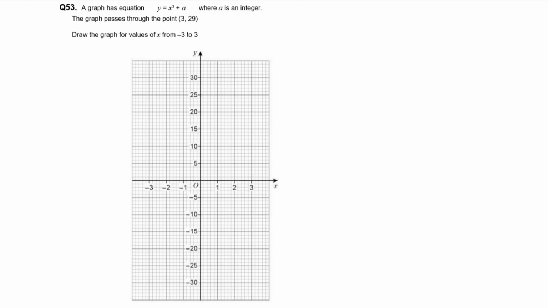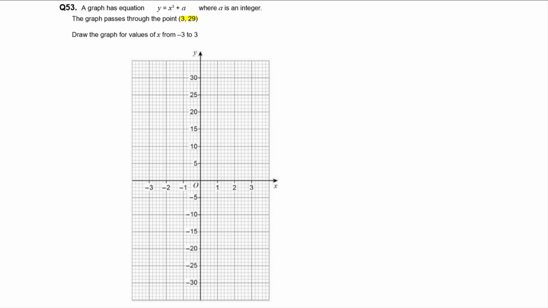Question 53, a graph has equation y equals x cubed plus a, where a is an integer. The graph passes through the point 3, 29. Draw the graph for the values of x from -3 to 3. I'm going to use the table function on the calculator to find the points in a minute. But before I do, I really need to find the value of a, and I can find it by subbing in the x and y values from the coordinates.